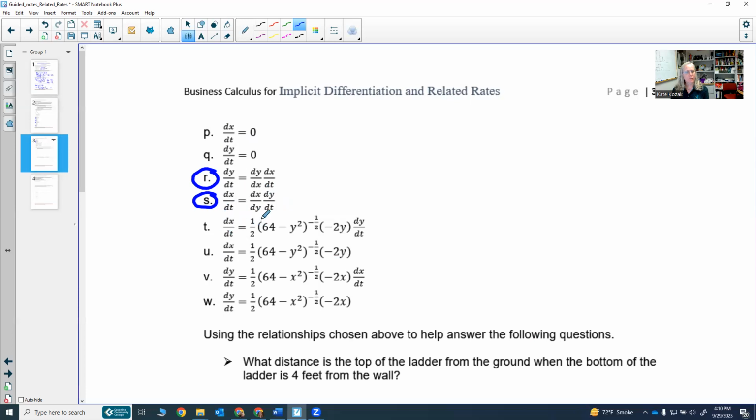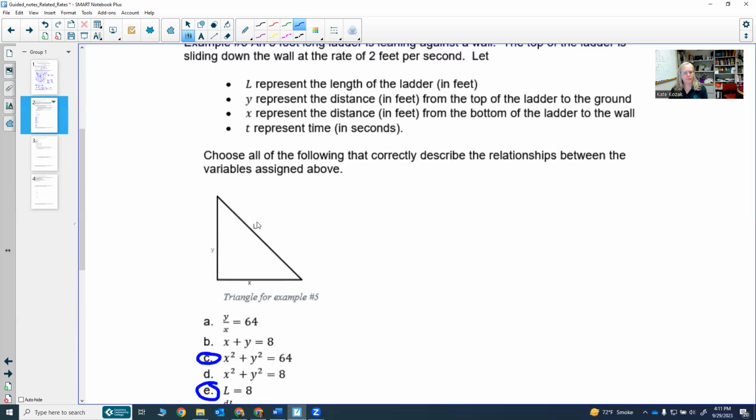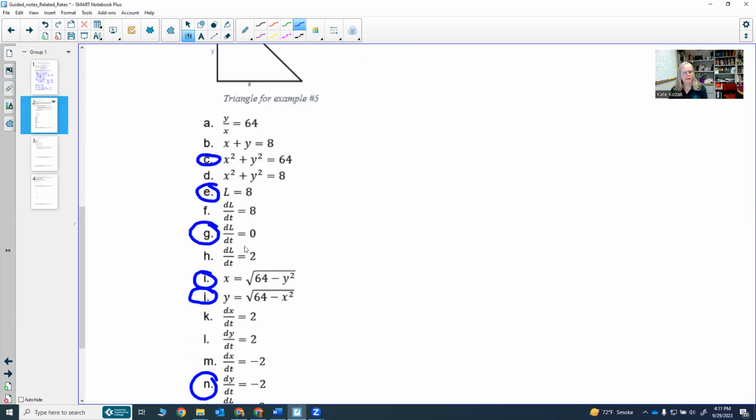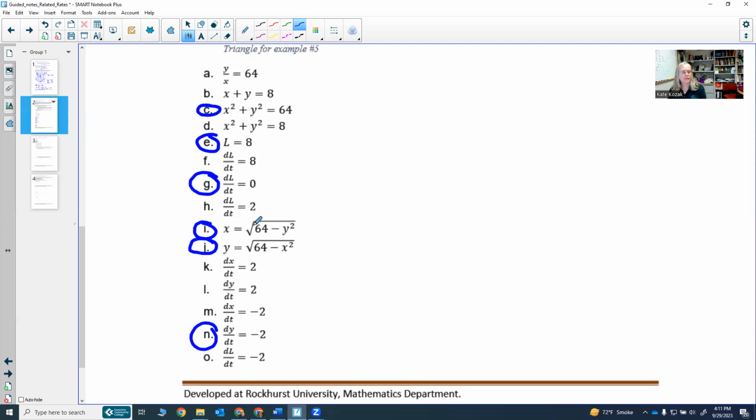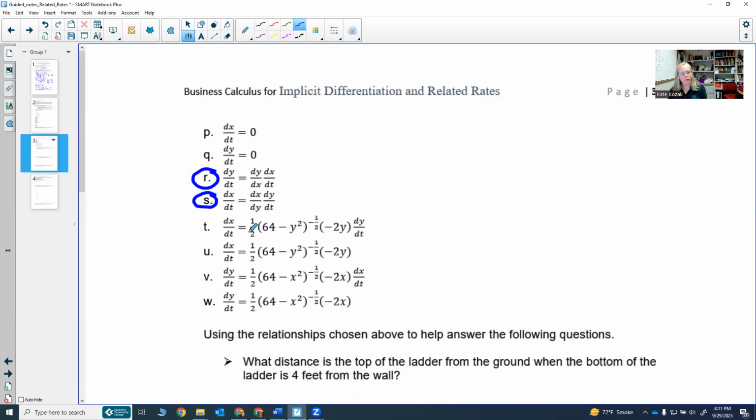T says dx/dt is equal to 1/2 (64 minus y squared) to the -1/2 times -2y dy/dt. So if I look at this and I'm trying to figure out what dy/dx is equal to, I'm going to remind myself that we've already said that x is equal to the square root of 64 minus y squared. So I can take the derivative of x with respect to y using this formula here, using L. And when I do that, I would get 1/2 times the inside.